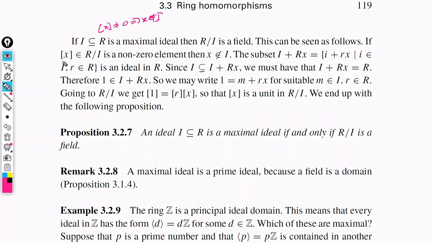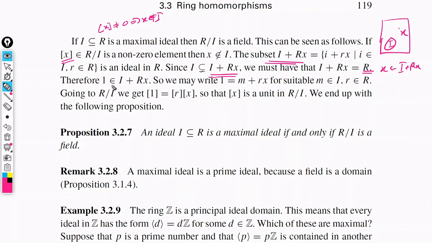So we consider a non-zero element x from R by I. This x is non-zero means x does not belong to I. So we can easily show that this collection I plus Rx is an ideal of R. But it is clear that I plus Rx is a strict superset of I. That is because x is outside I, and this ideal contains x. Since I is maximal, we know that this ideal is equal to our entire ring R.